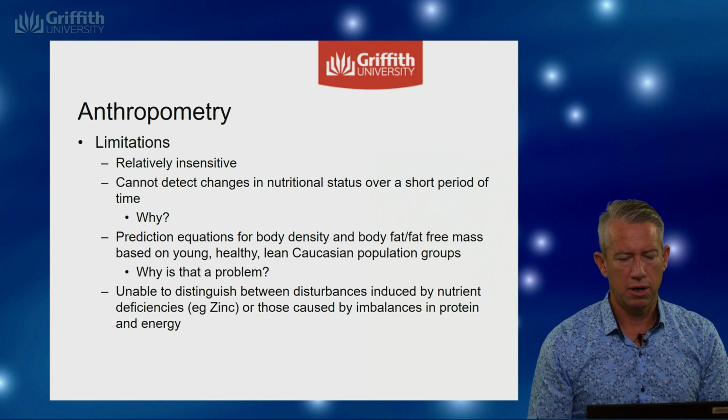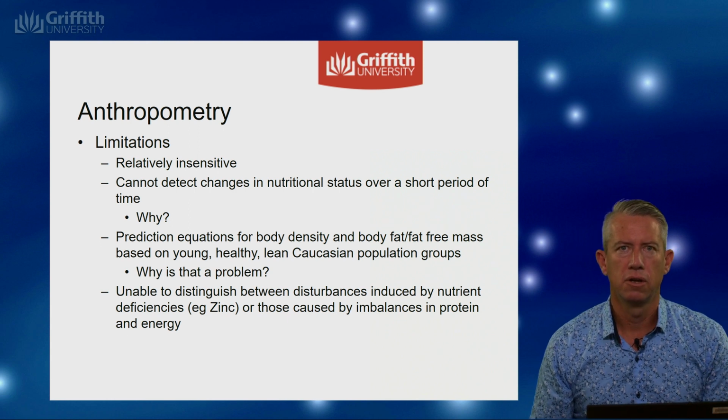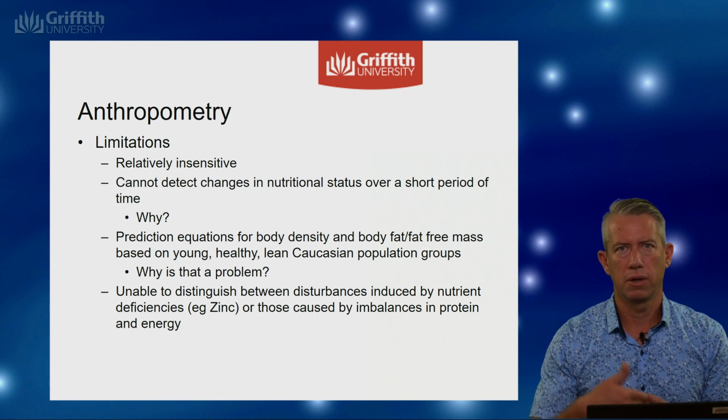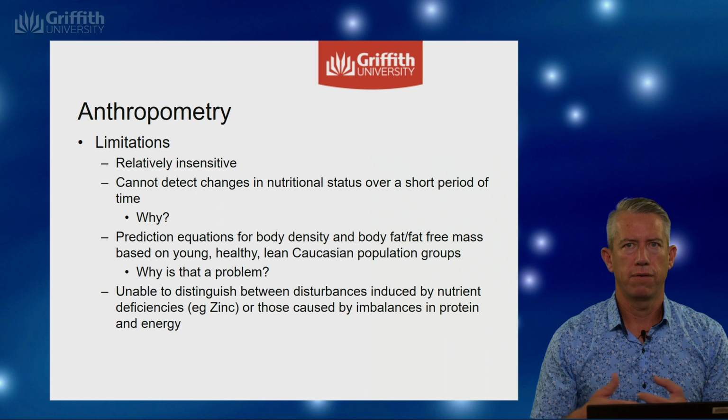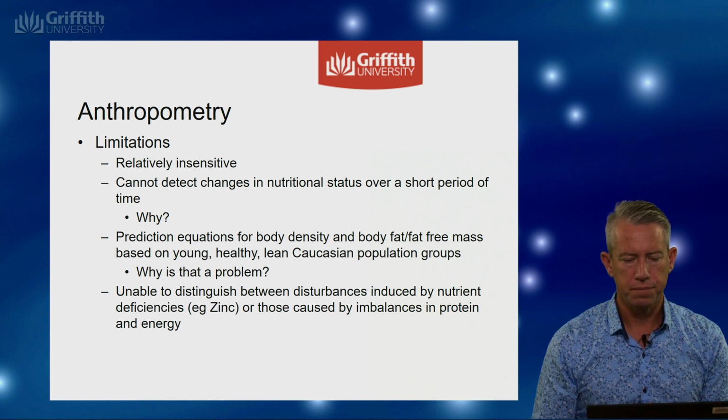We have prediction equations for body density, body fat, fat-free mass based on young, healthy, lean Caucasian populations, and not all of the populations that we will be doing our assessments on. If we were then to convert over to body fat or use one of these generic equations, it may not relate to the individual that we are conducting our assessment on.